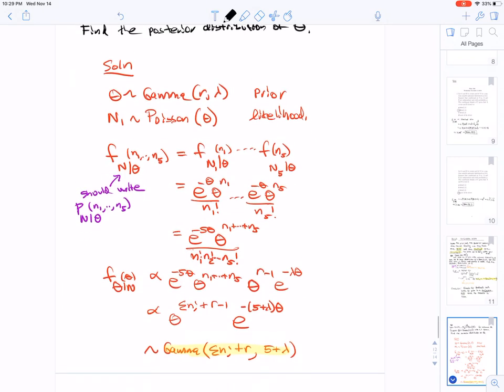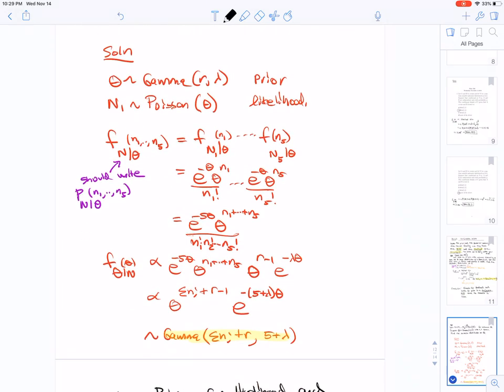So first we need to write down what the likelihood is. I wrote the likelihood using F, even though Poisson is a discrete random variable. I should have used P, but I just get lazy.